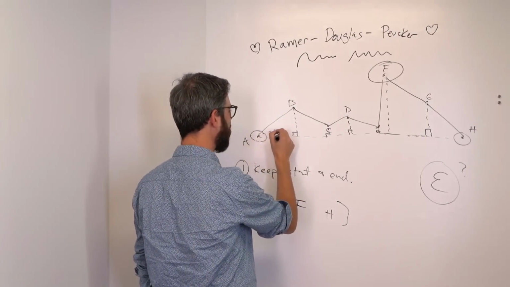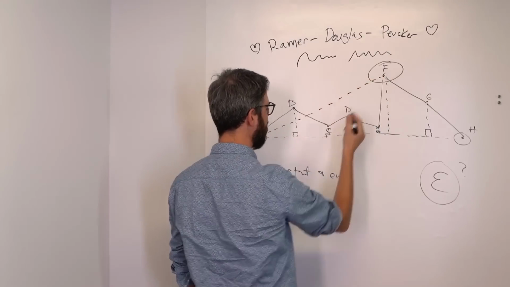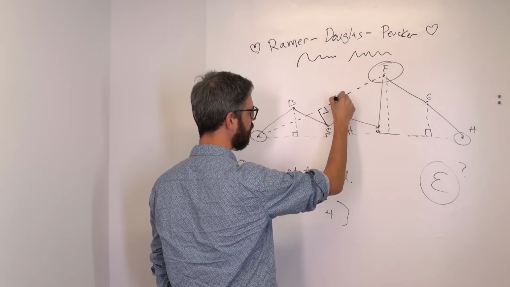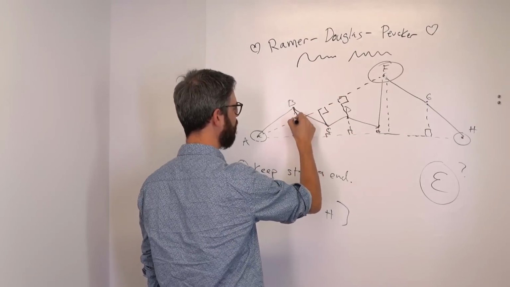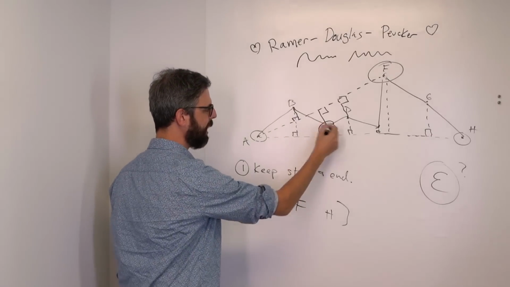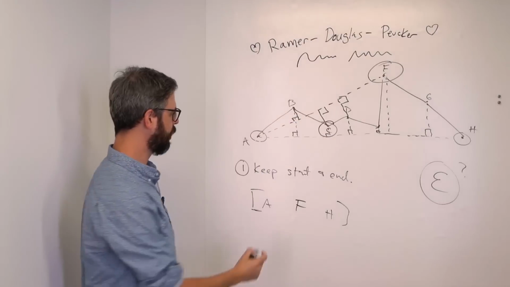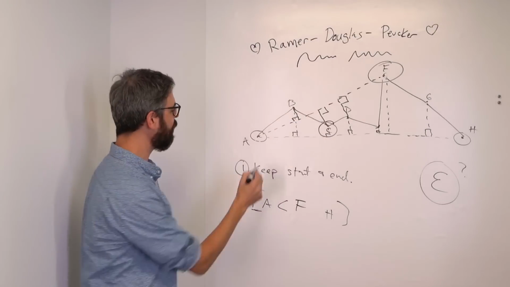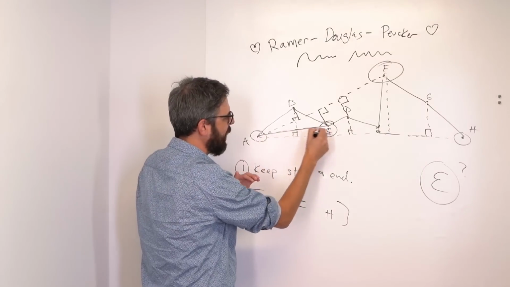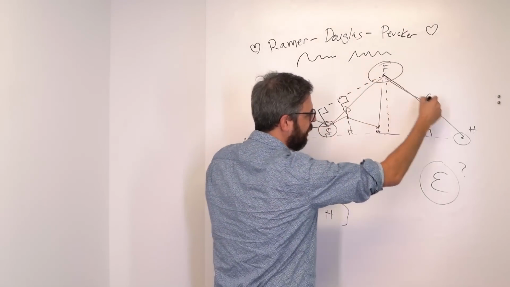So now I take this line segment and look for these distances from C, D, and B. And eyeballing it, C is probably the one that's furthest, so I'm going to keep that. And we can see how now, if I stopped here, this is my approximation. I go from A to C to F to H.